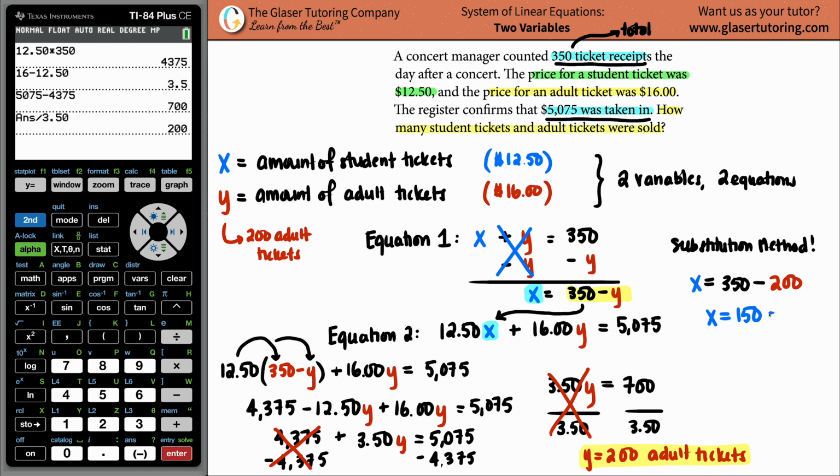So we're going to say 150 student tickets. And that is the answer. So we got 200 adult tickets. We got 150 student tickets. And that is the answer to the problem.